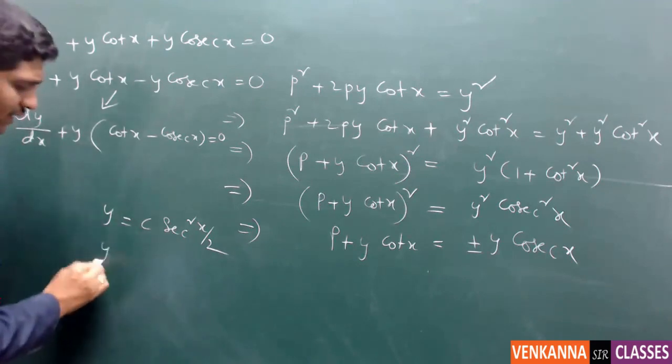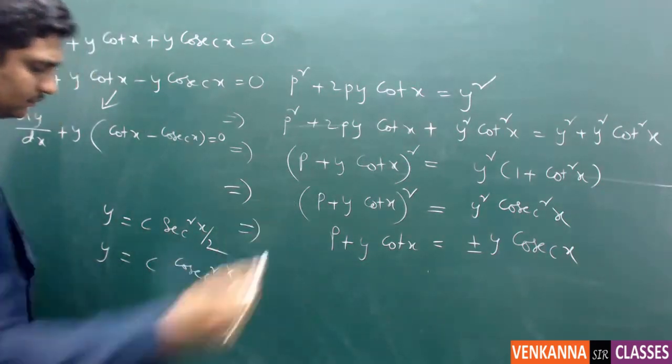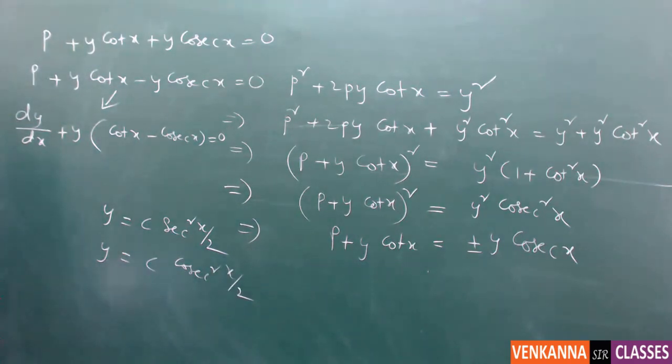Another one is y is equal to c cosecant square x by 2 is the other. However, simplification varies from person to person. That was the final simplification. Maybe you have a little difference in getting the constant c, except that it is okay. So you please check on that, the integration part.